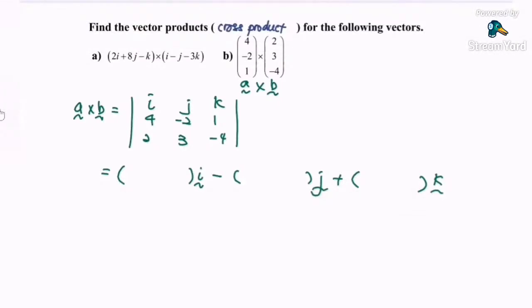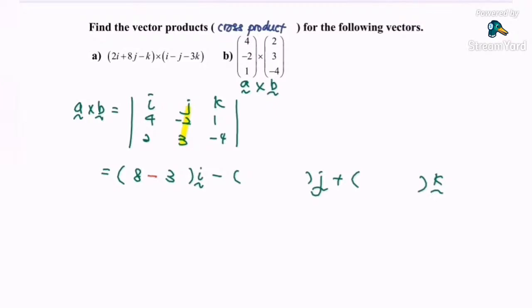First is to find the i. So kindly close up the i and focus on this part. Cross multiply, so we will have 8 minus 3. Next is to find j. Kindly close up the j.